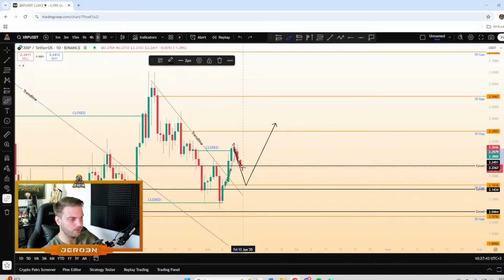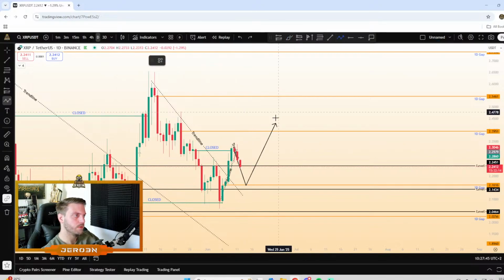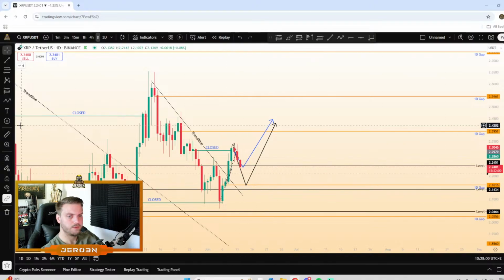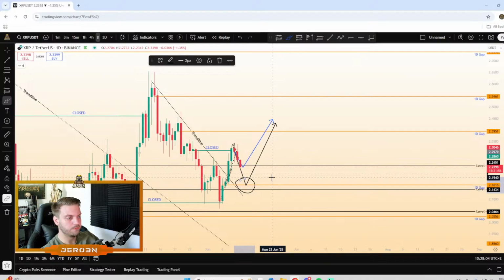So the possibility for Ripple for now is to retest from here. This is possible, but I do wish to get the black retest. So I want price to go here before we continue up.